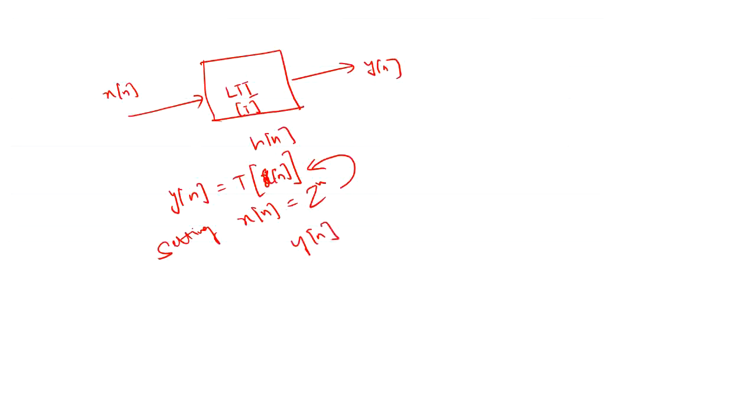So what will we get? We will get y[n] equal to the system operator acting on the input z raised to the power n.